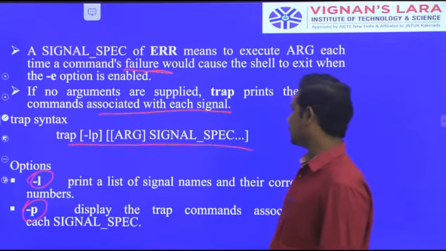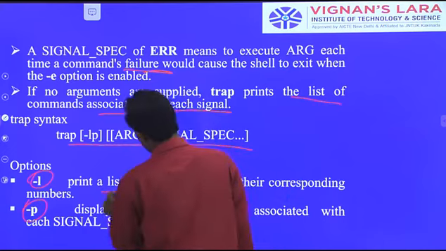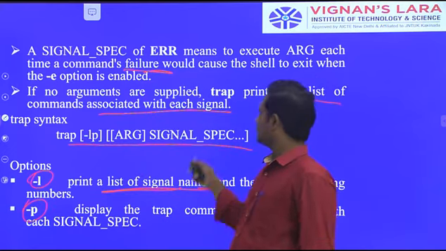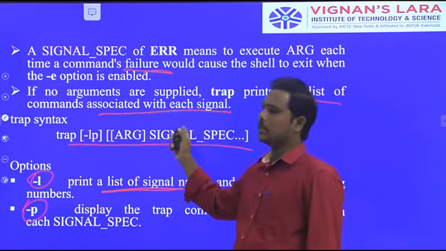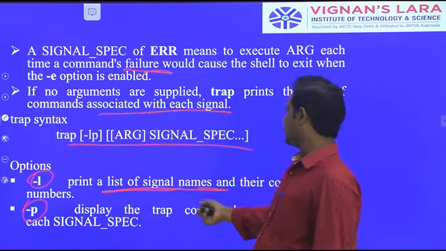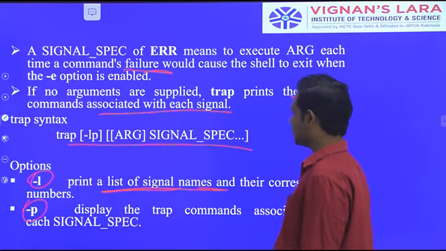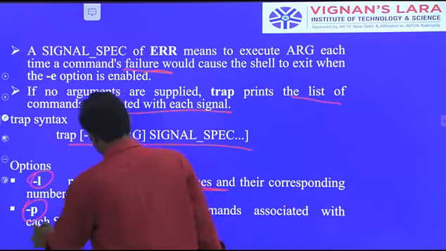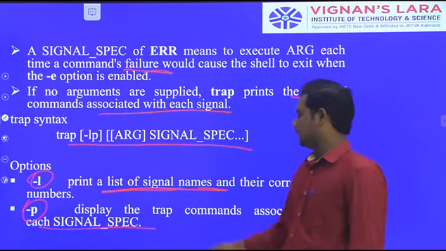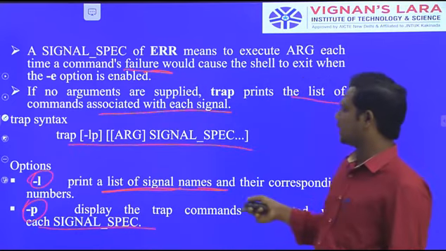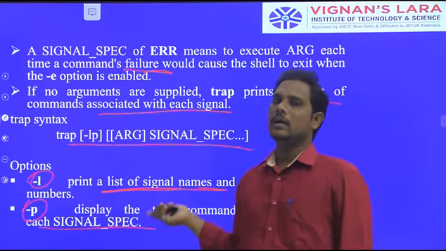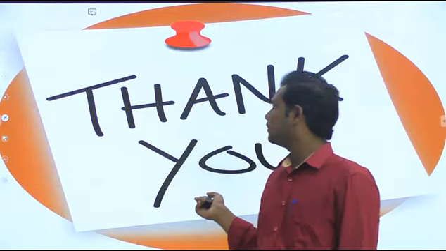Option l means print the list of signal names and their corresponding numbers. Option p means display the trap commands associated with each specified signal. So these are all about using the trap command. Okay, thank you.